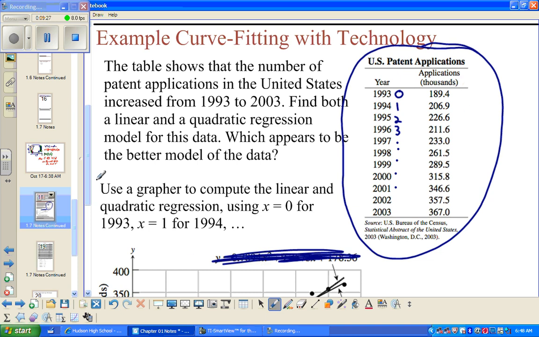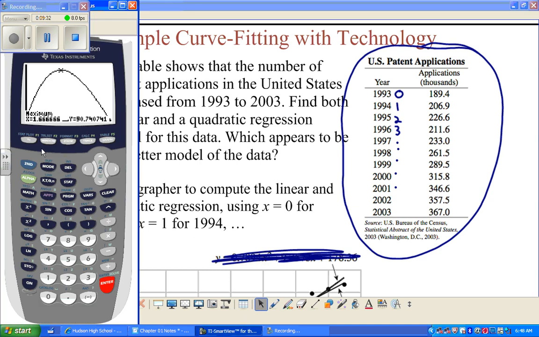So that's what I'm going to do right now. Just going to clear this out because I don't need that equation in there. Remember that you go to Stat, Edit, so Enter, and then type in that data.